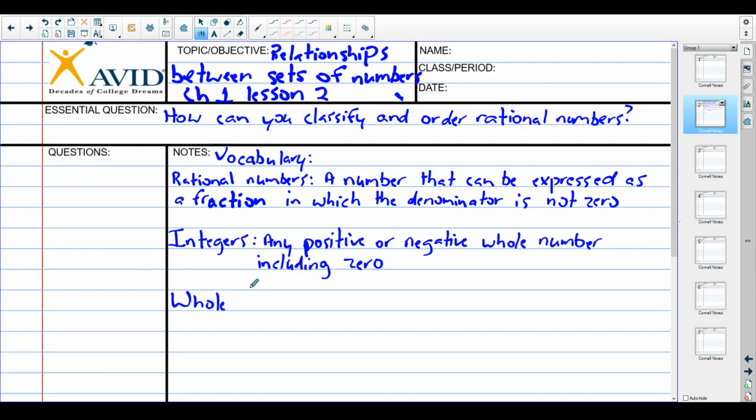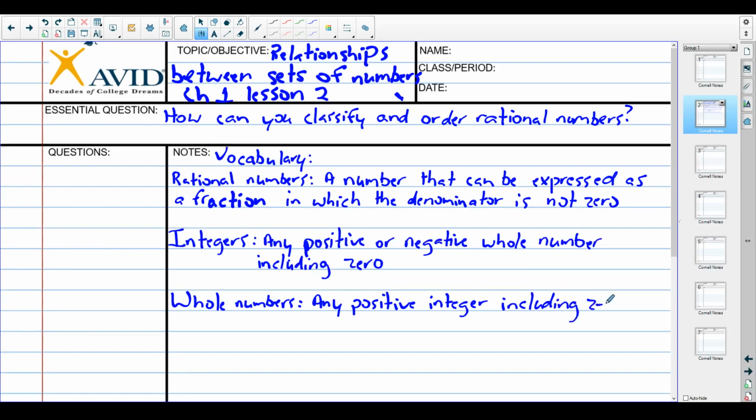Okay? Then our third set, whole numbers. Said we'd get to it. Here it is. And that is any positive integer, including 0.